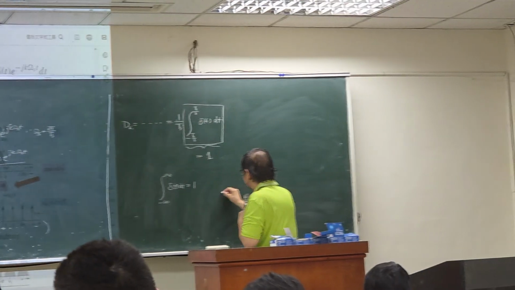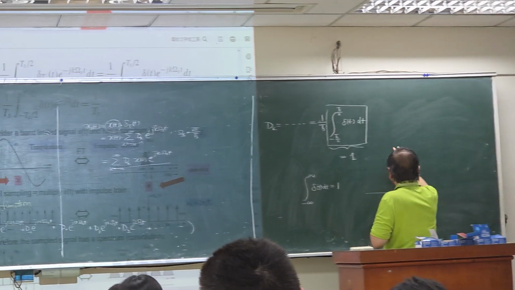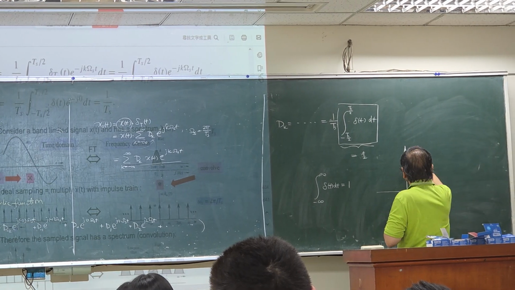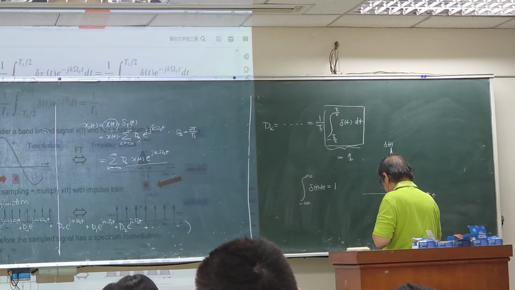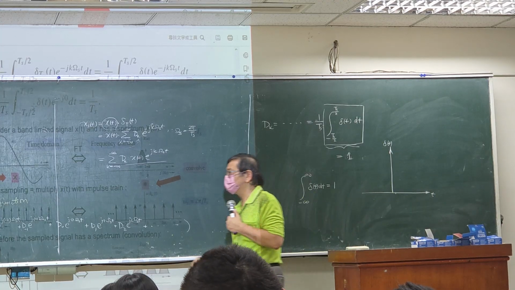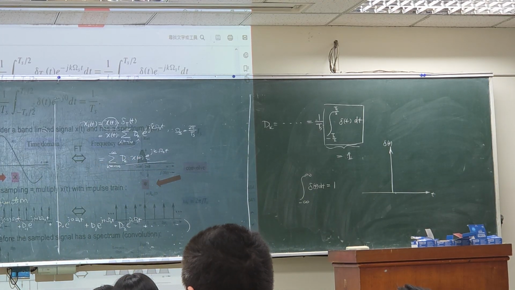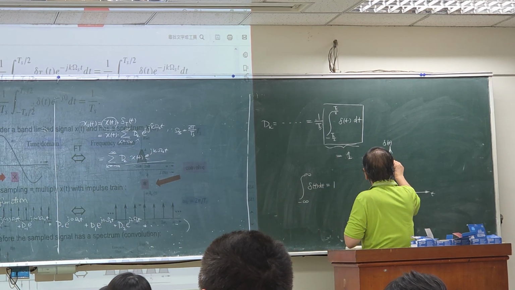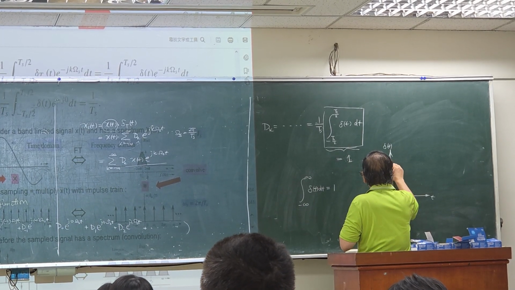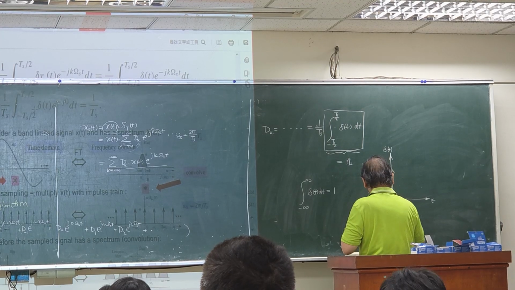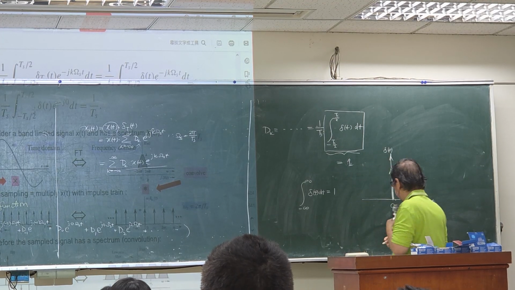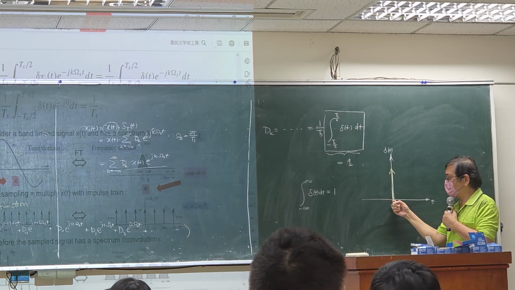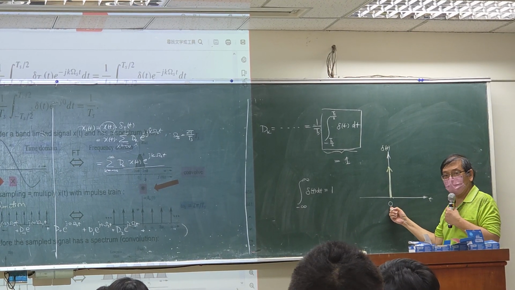However, if you sketch the function, this delta function has non-zero value only at t equals 0.